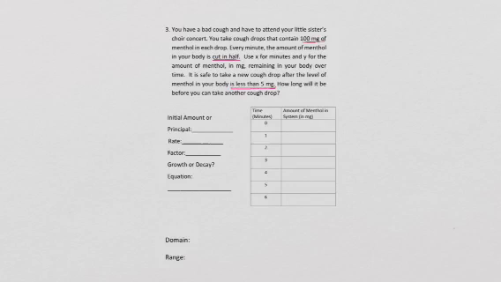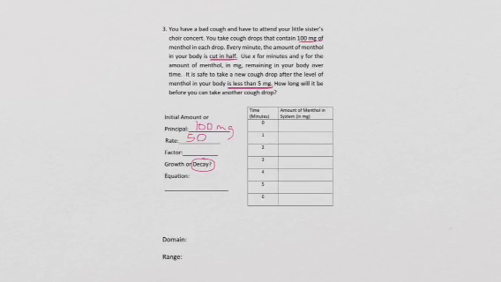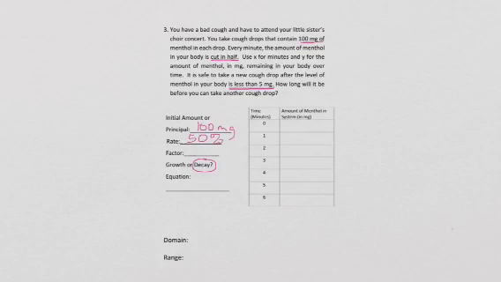Now, our initial amount is 100 milligrams. Now, it decays, because it's going down. It says that every minute, the amount of menthol in your body is cut in half, so the rate of decay is 50%. So that's a factor.